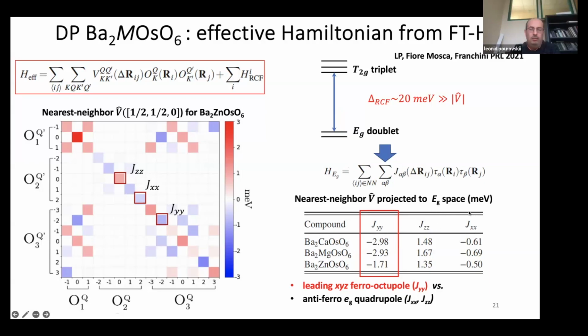Hence, we deal with an FCC lattice of magnetic ions, which is frustrated with respect to antiferromagnetism. So, of course, ferro coupling will be more favored by this lattice, and also it is larger in magnitude.